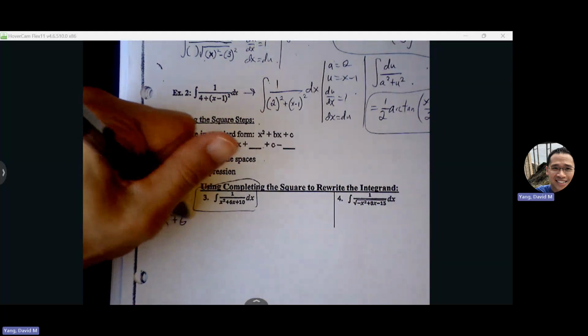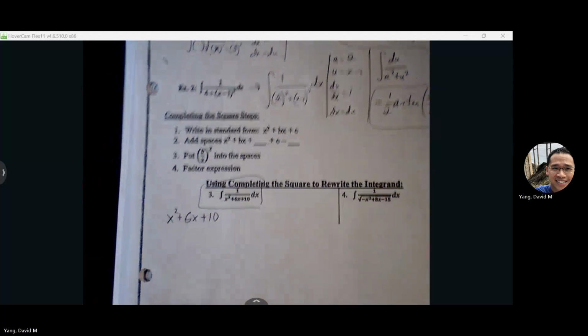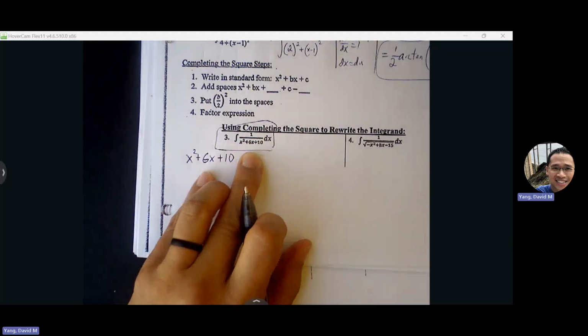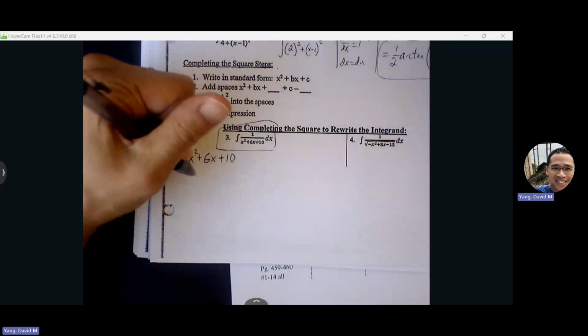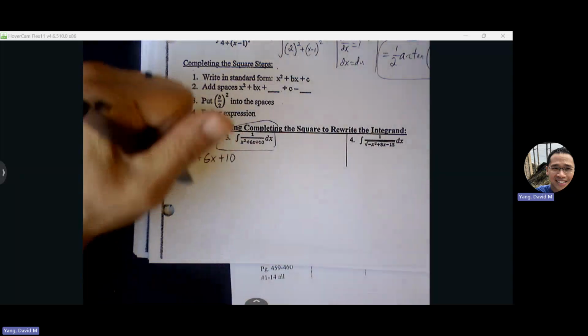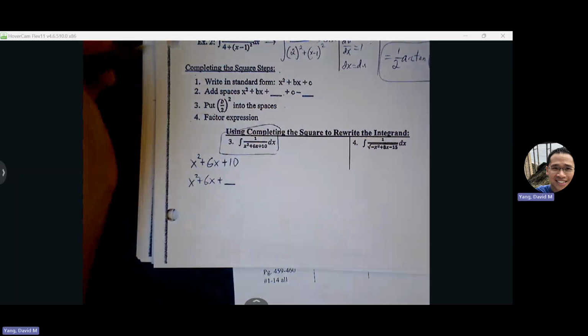So we're going to play around with our x squared plus 6x plus 10, and after we get done with this, we'll have something in a proper form. We complete the square to allow the x's and the constant to separate from each other a little better. So we'll say x squared plus 6x plus space, plus 10 minus space.